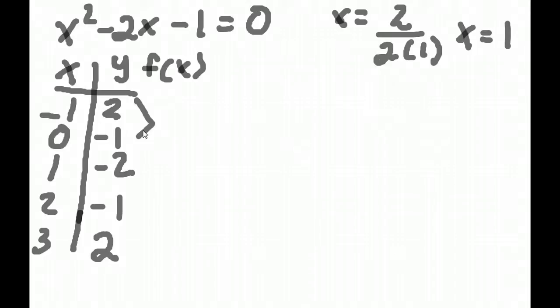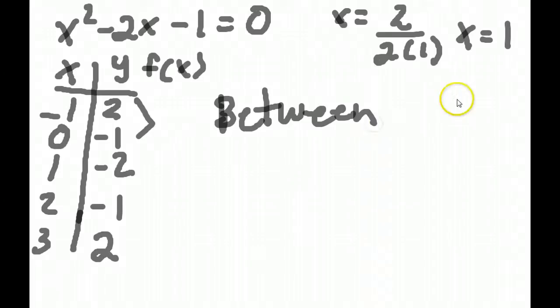So our y value jumps from positive 2 down to negative 1, which means it has to cross the x-axis, right? So our first answer is somewhere between negative 1 and 0 on the x-axis.